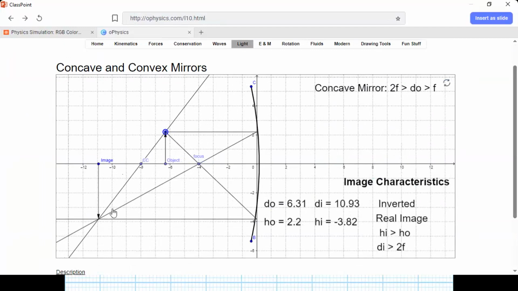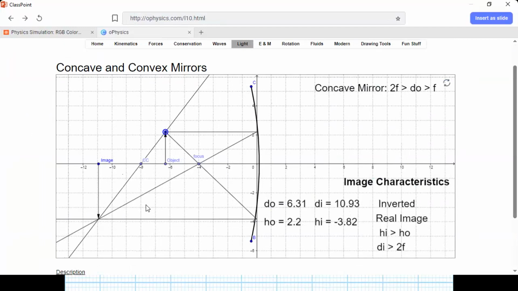This one is the image. The image is in front of the mirror. Whenever the image is created in front of the mirror, it is a real image, not a virtual image. How is the image created? By the intersection of the reflected light. We would like to see how the reflected light will intersect.